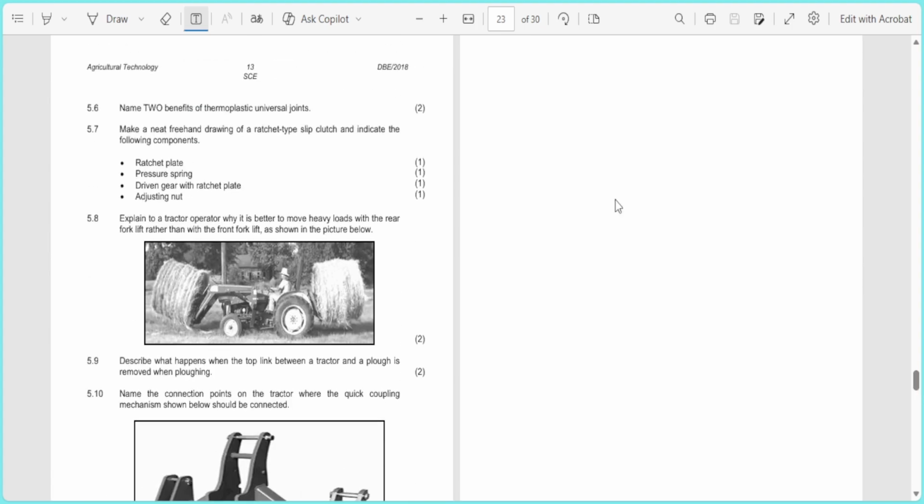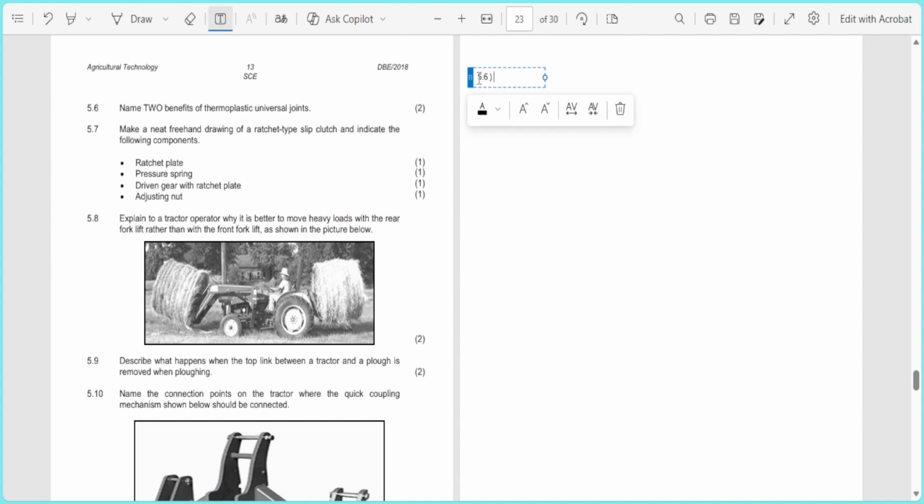Okay, so 5.6: name two benefits of thermoplastic universal joints. These are more like replacements for the traditional metal U joints. They are lightweight, which reduces rotational mass, improving efficiency as well.